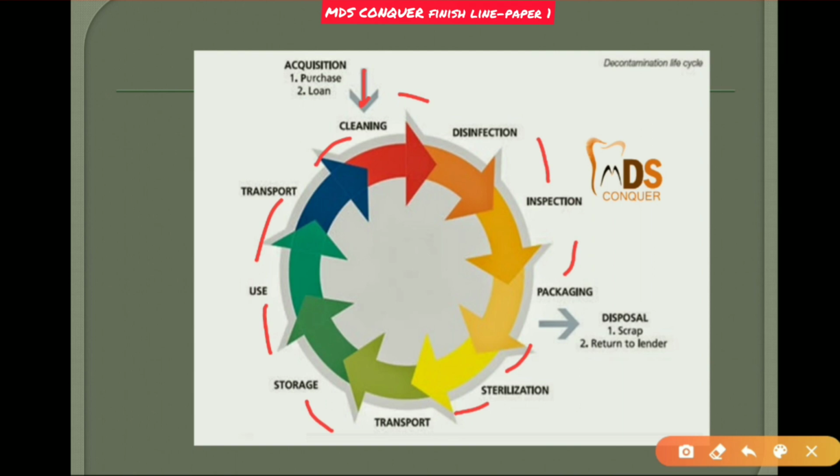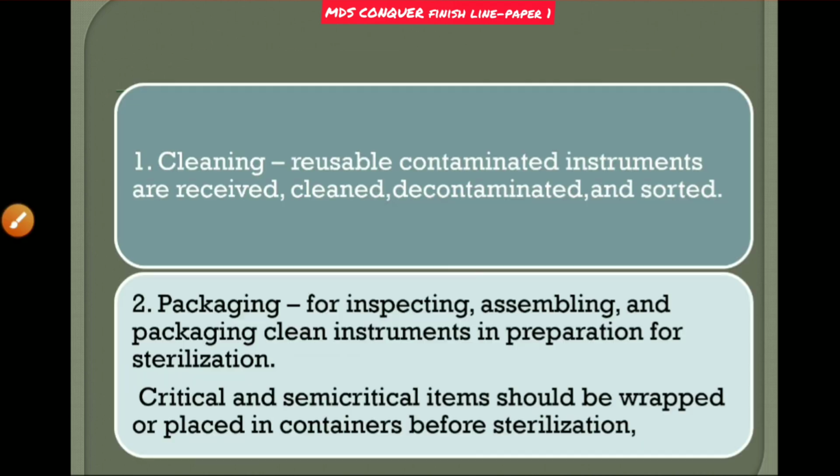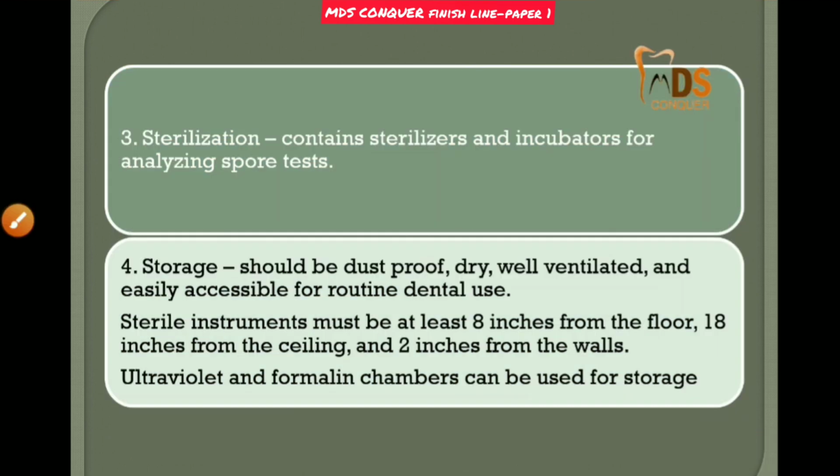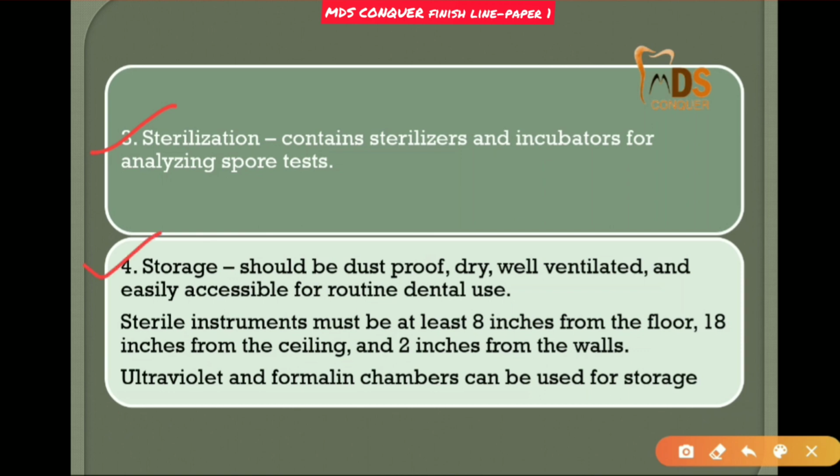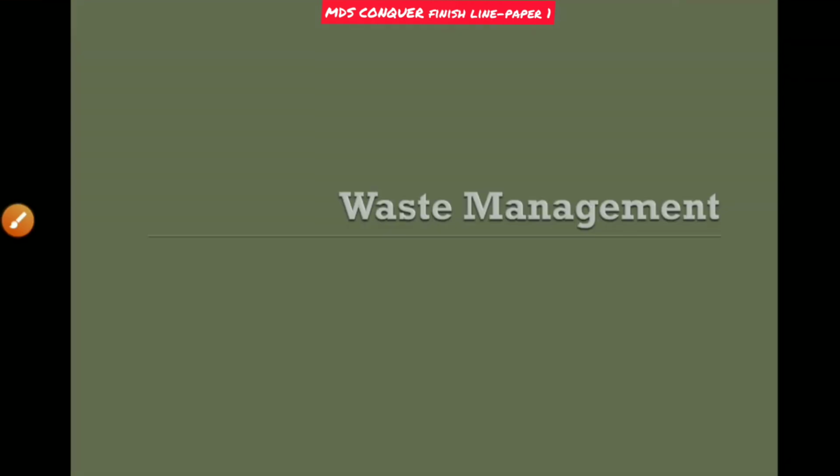So this is the cycle in which instruments are processed. These are the two steps, cleaning and packaging. Then after that, sterilization and storage. Those are the important steps you have to mention with the reprocessing of your instruments.